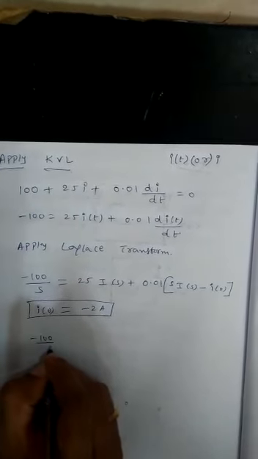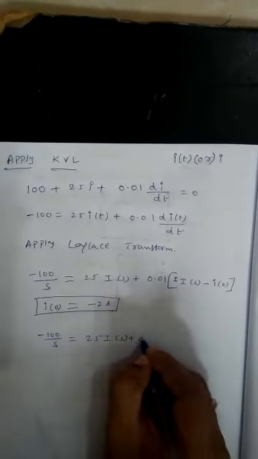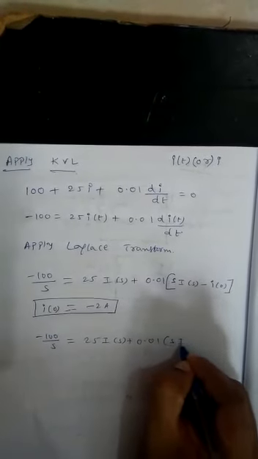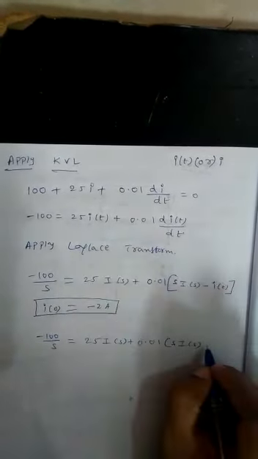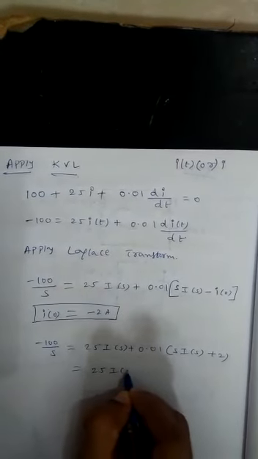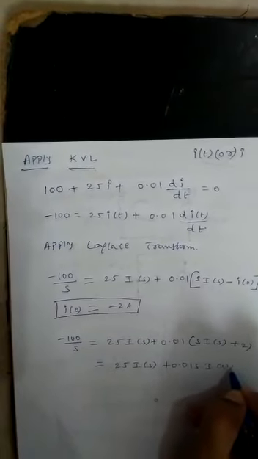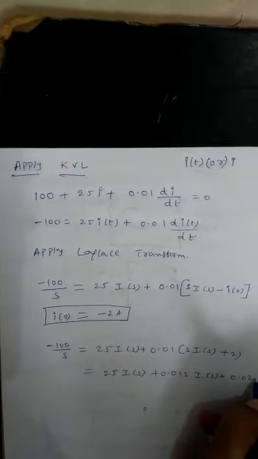Minus 100 divided by s equals 25 I of s plus 0.01 s I of s, minus into minus plus, so plus 0.02.